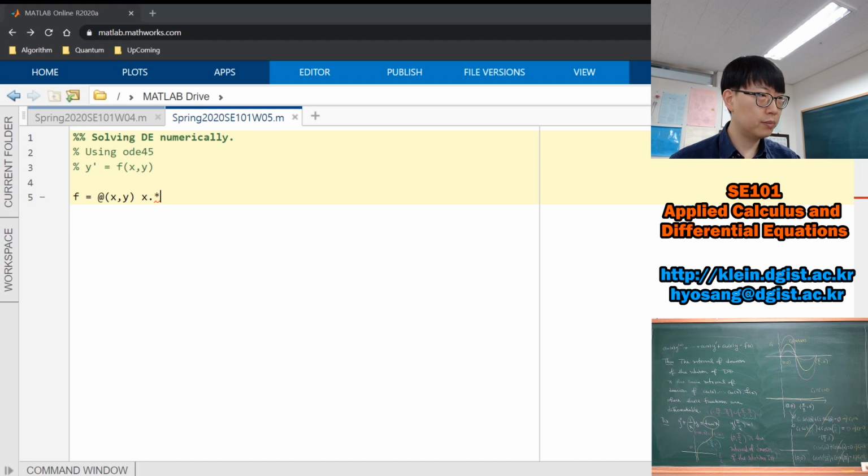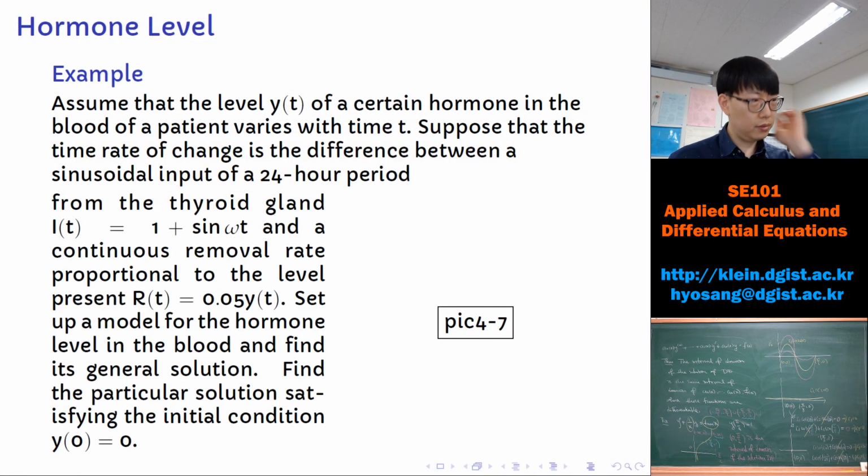So this example. We have omega as a symbol, so let's say omega is a 24-hour period, so it's 1/24, where t is the unit of hour. So let's try to do that.